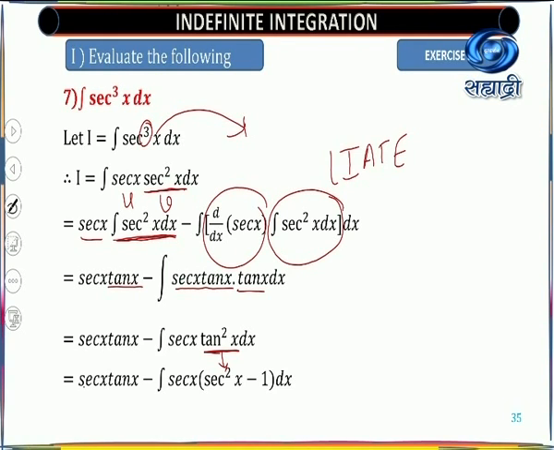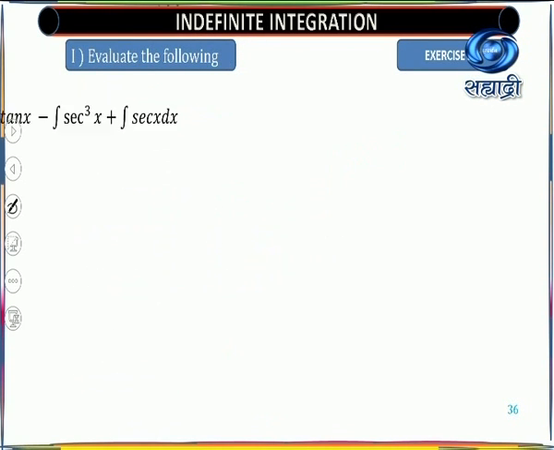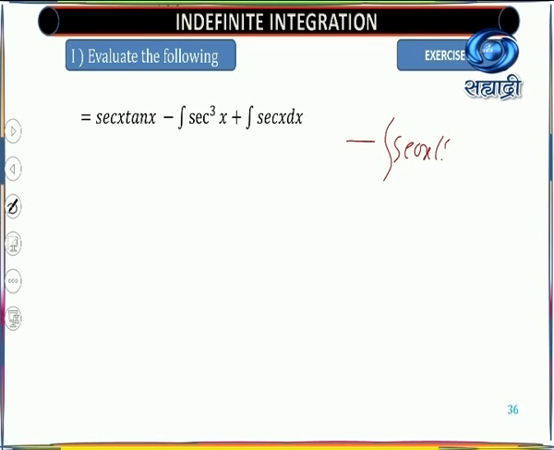You will get the first term as it is because it is outside the integral sign. Here you have sec x into sec square x minus 1 dx. Now you need to multiply sec x to every term. If you multiply, what you will get? Sec x tan x minus integral of sec cube x plus integral of sec x. Why? Because this is your second term, minus sec x into sec square x minus 1 dx.